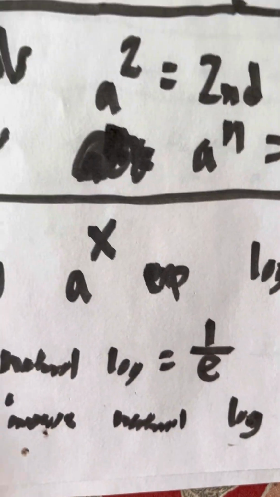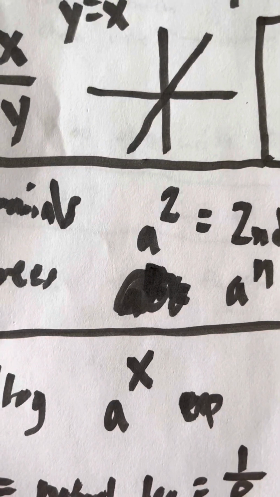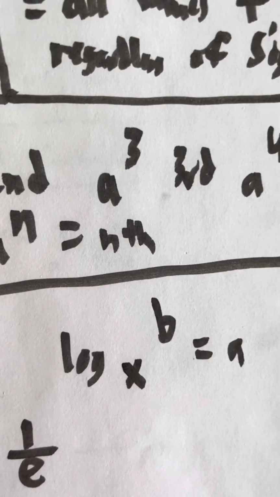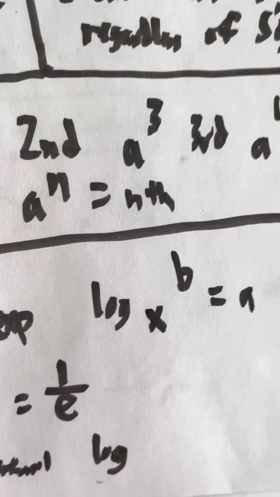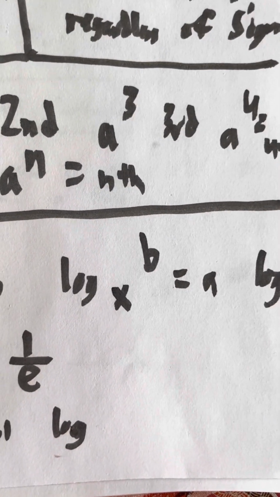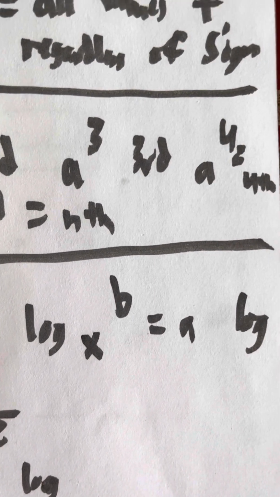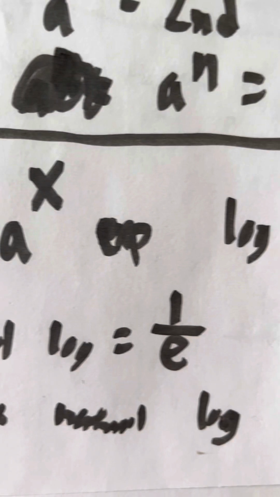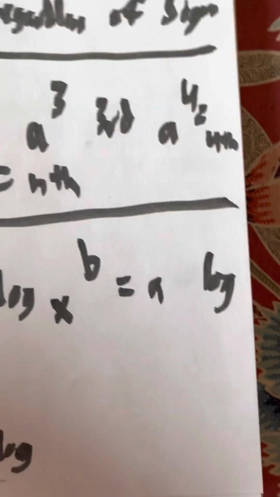That power is the variable, unlike a polynomial where the variable's on the bottom. Logarithm is the inverse of the exponent, much like how division is the inverse of multiplication, same thing like subtraction and addition. ln is natural log, 1 over e. e is the inverse natural log.